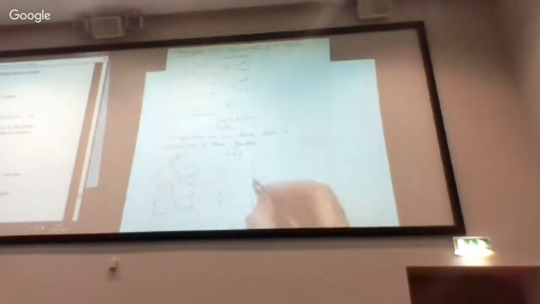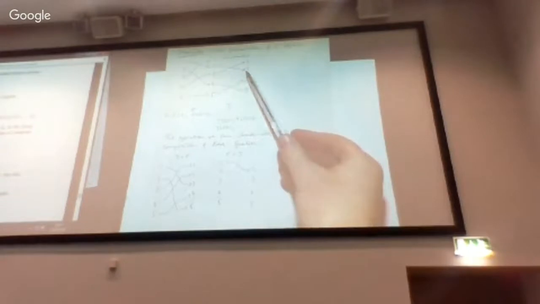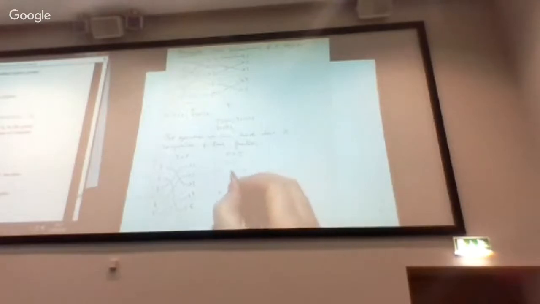So in total, 1 goes to 2. What happens to 2? Well, when you apply tau to 2, it goes to 3. But then sigma is applied to this intermediate result. Sigma sends 3 to 1. So in total, 2 goes to 1. So already you can see it's a different permutation to tau after sigma.